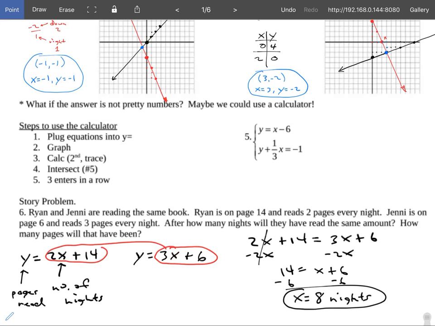So I'll put it into the first one. So we're going to go y equals 2 times 8 plus 14. And 2 times 8 is 16. 16 plus 14 is 30. So it's y equals 30 pages read.